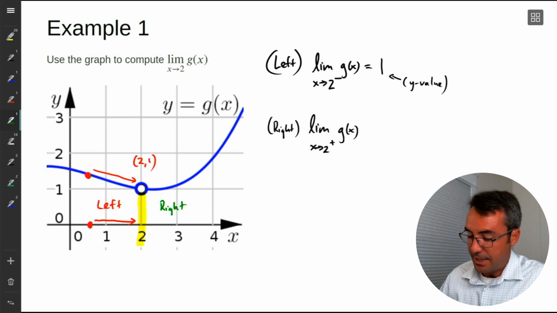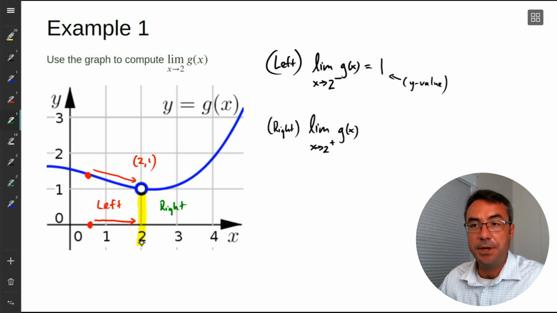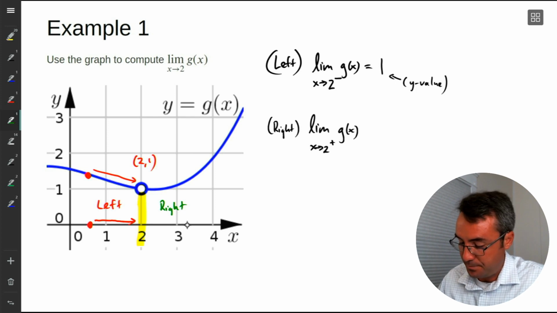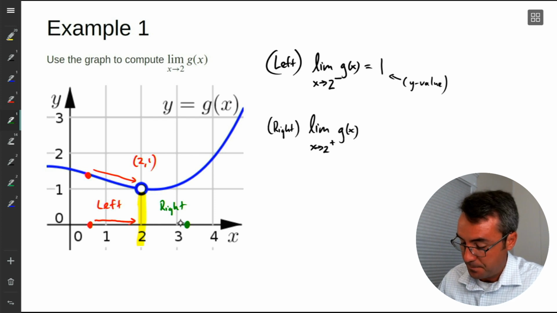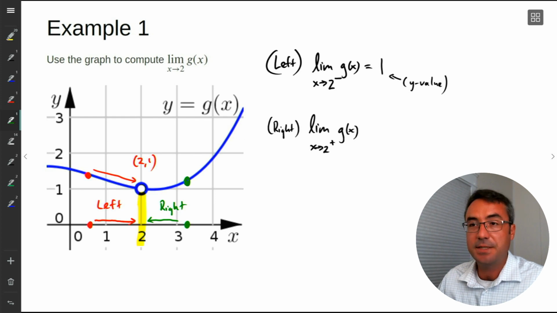So again, just identify where x equals 2 is. Pick some input value somewhere on the right. And then just imagine we're going to move this. We're going to see what happens as this input gets closer and closer to x equals 2. And so we want to find the corresponding point that's actually on our curve.